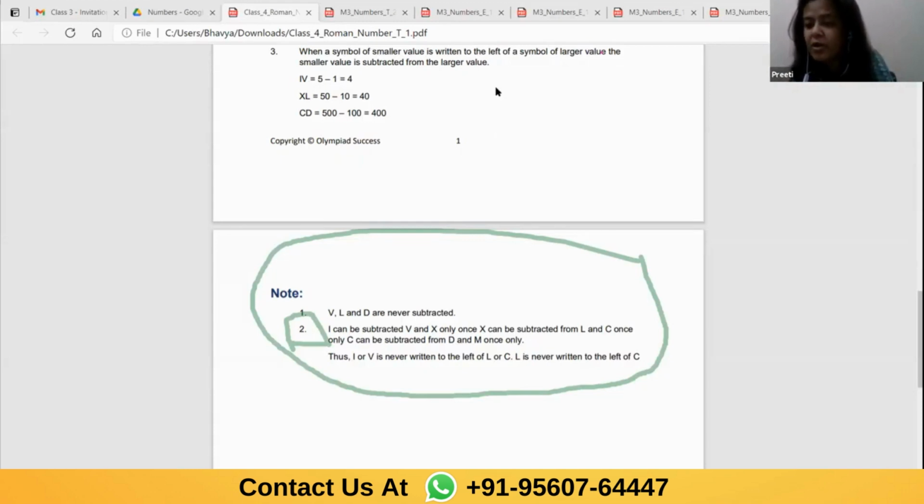For 5, we do not write VX, we already have V as the symbol for 5. So there will be no such situation in which you will have to use it. When you further work on counting, you will get to know that there is no such situation wherein you have to subtract V, L or D.